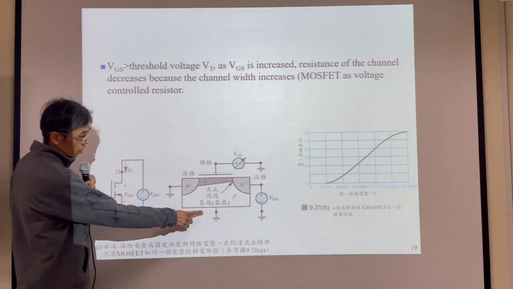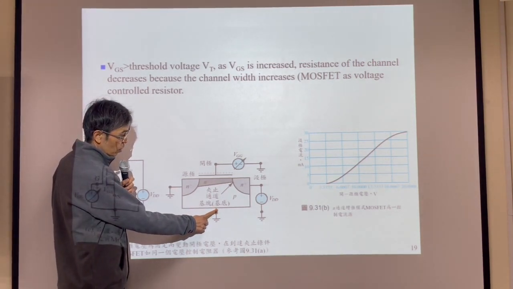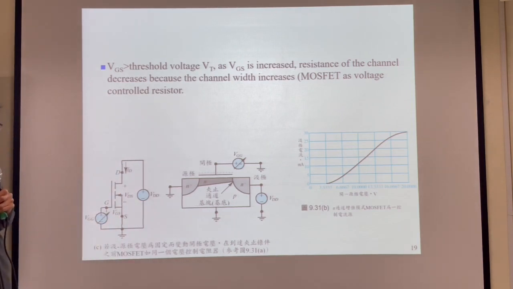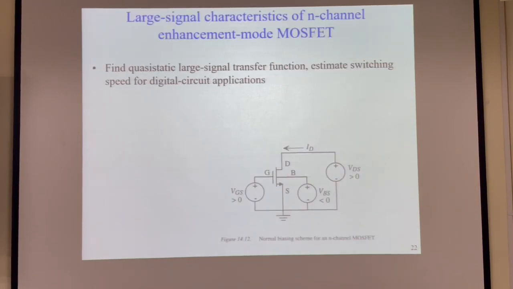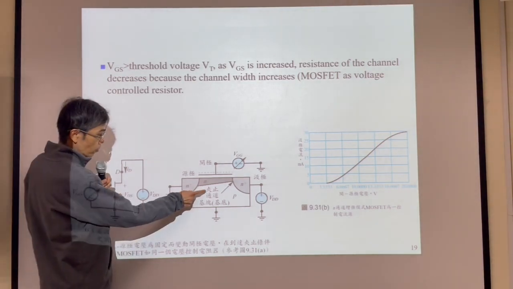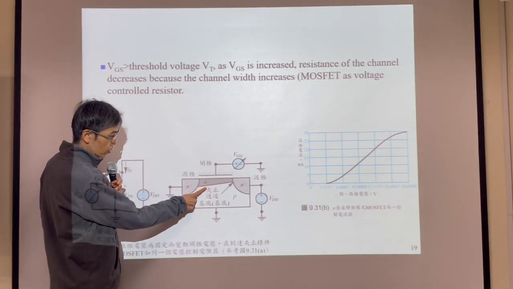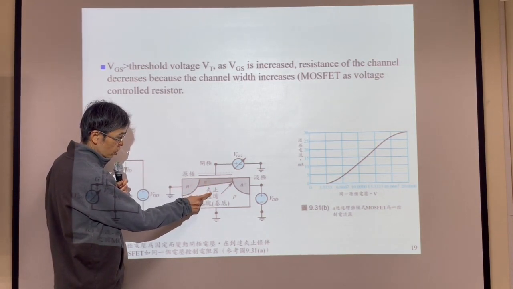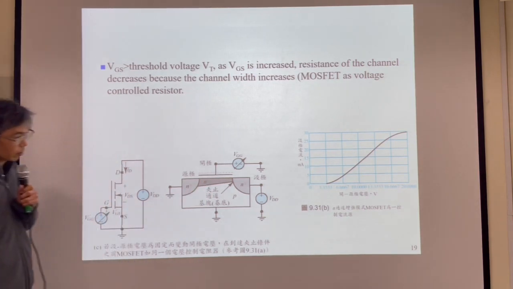This is a PN junction. So VB is too large.